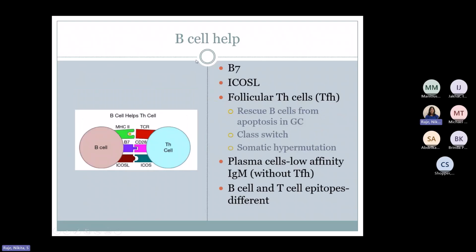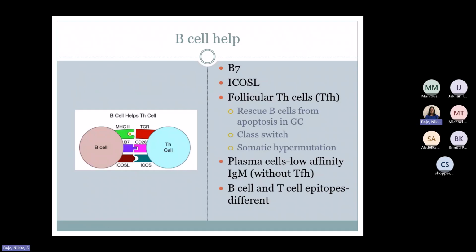When that interaction occurs, there is a role for co-stimulating molecules other than CD40 ligand, such as B7 that interacts with CD28 on the helper T cells, and B cells also express ICOS ligand.